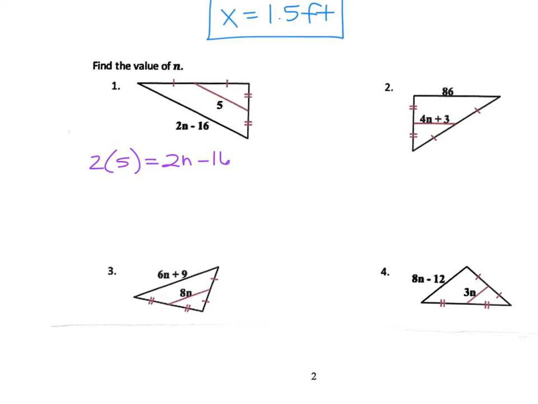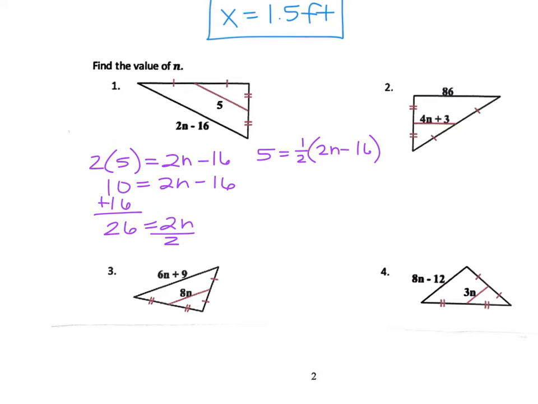What's the other way you could set it up? Right, so 5 would equal half of 2n minus 16. So either one of those ways is correct. You get 10 equals 2n minus 16, so add the 16, so 26 equals 2n, and then divide by 2, so n would be 13.